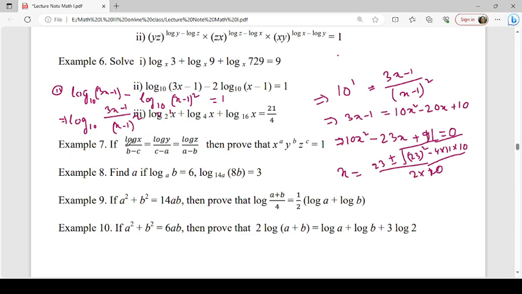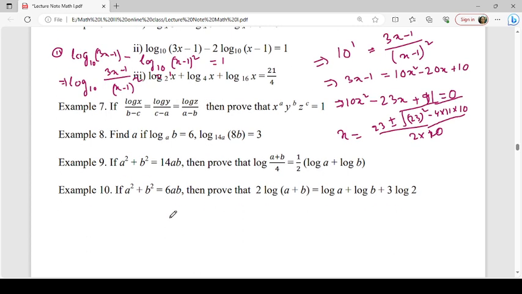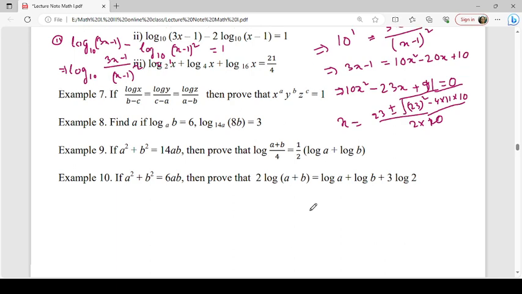So a log x means log of x to the power a, so x to the power a, y to the power b, z to the power c is equal to 1. So this is for practice.